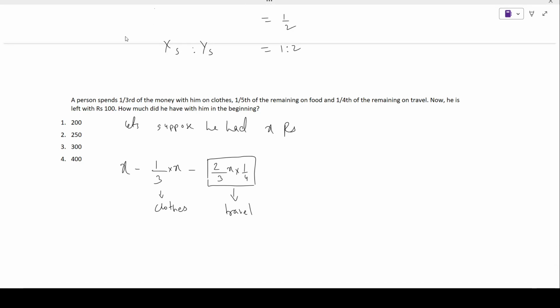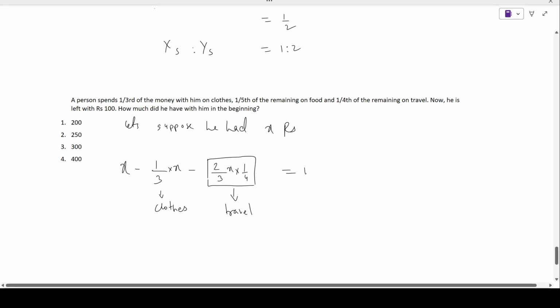This amount is equal to 100 rupees. First he had X rupees, out of which he spent 1/3 of it. So he was remaining with 2 by 3X, out of which he spent again 1/4 of it in the travel. Now he is left with 100 rupees. So we have to find the value of X.